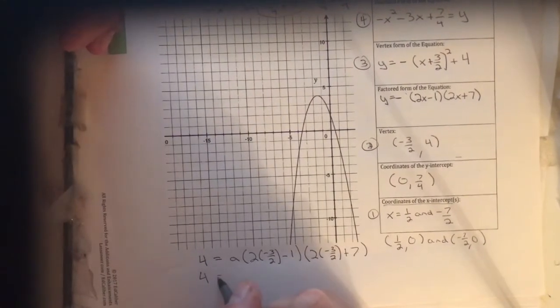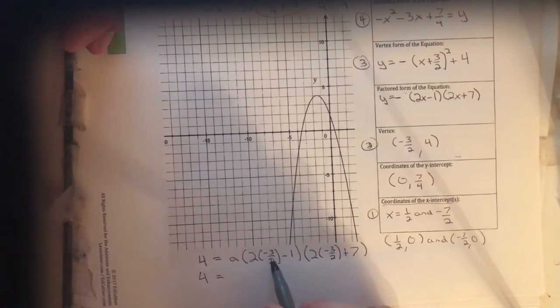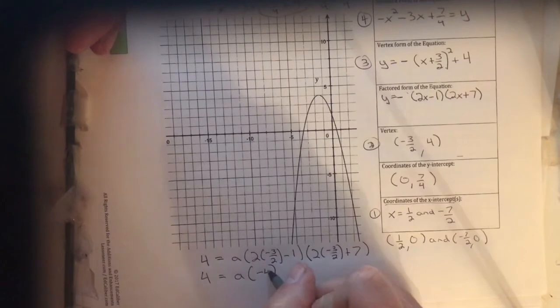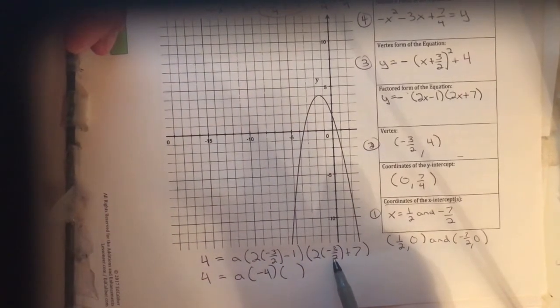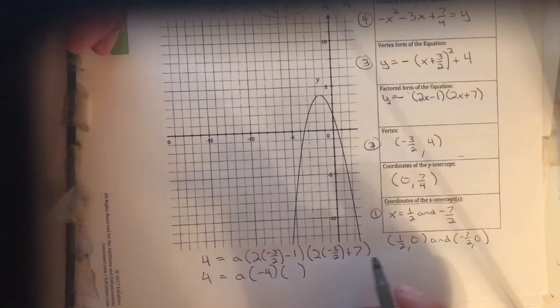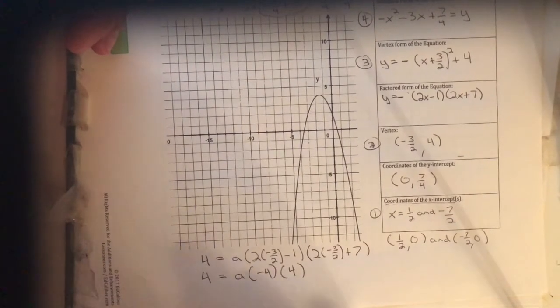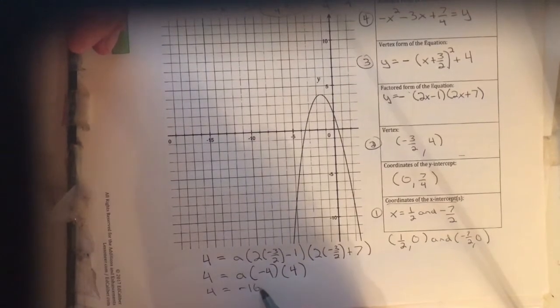So 4 is going to equal 2 times -3/2 would be -6/2, which is -3, and -3 minus 1 is -4. So we have a times -4 times whatever all this is. So again, 2 times -3/2 is going to be -3, and -3 plus 7 is going to be 4. -4 times 4 is 16, so 4 is equal to -16a.